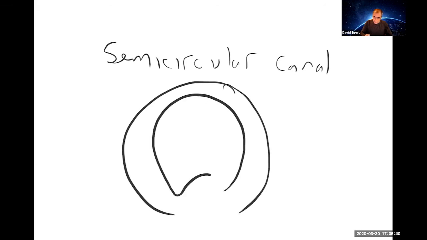You have them in the 3 different axes, for rotating your body: yaw, pitching back and forth, and rolling. There's pitch, yaw, and roll. If you were an airplane, those would be your 3 axes. There's the little hair cells in here.